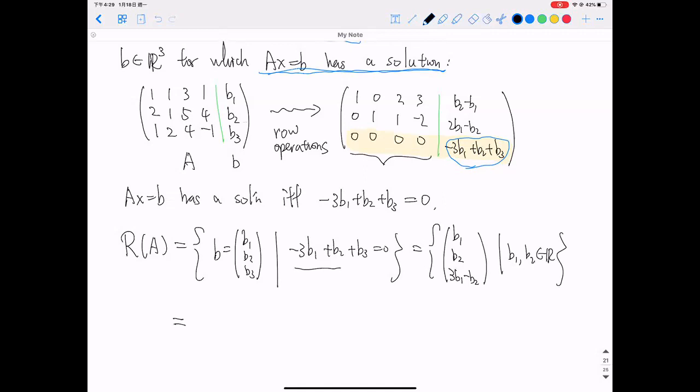And furthermore, you can rewrite this expression by splitting it into two terms, one term proportional to b1 and the other proportional to b2, just like what we did before.